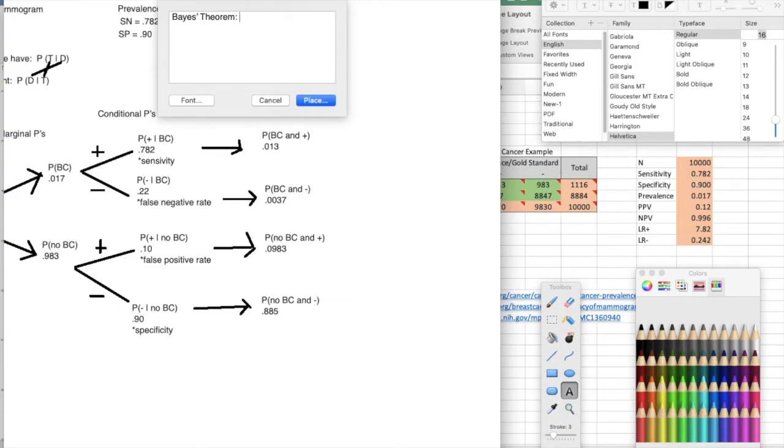So in these two cases here, Bayes theorem is, first of all, the probability of A given B equals the joint probability of A and B divided by the probability of what you're conditioning on.